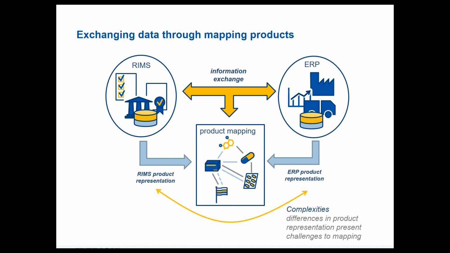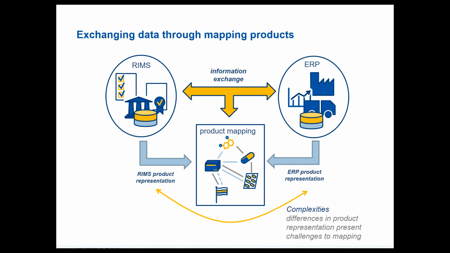So if we look at both systems, they both have a representation of what a product is. But that representation is not necessarily the same. So what we want to do in order to exchange information between the two systems is to map the product representation in the one system to that in the other system. When we do so, we will find that actually it is not always easy to match these two product representations together.